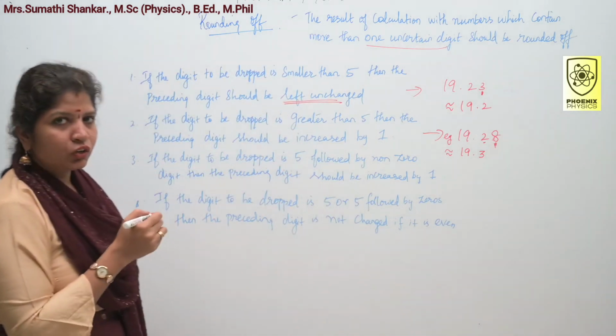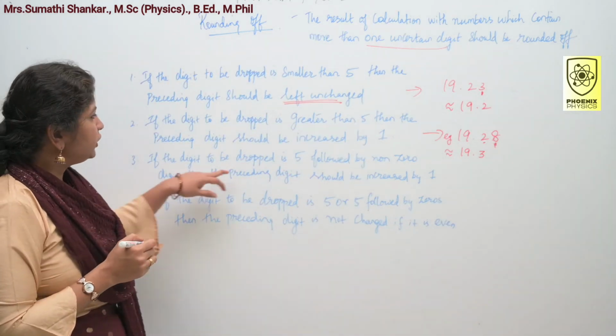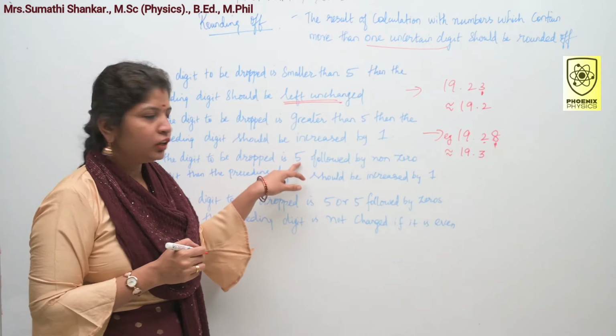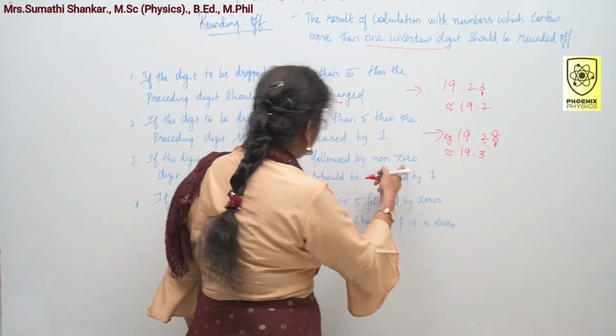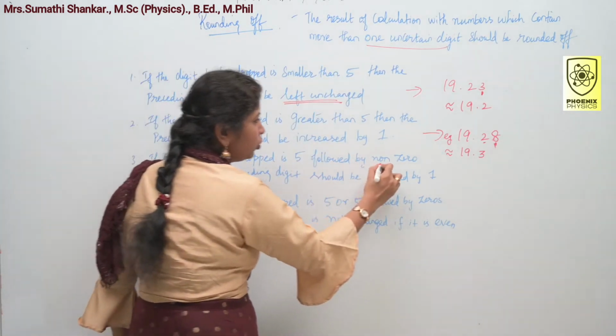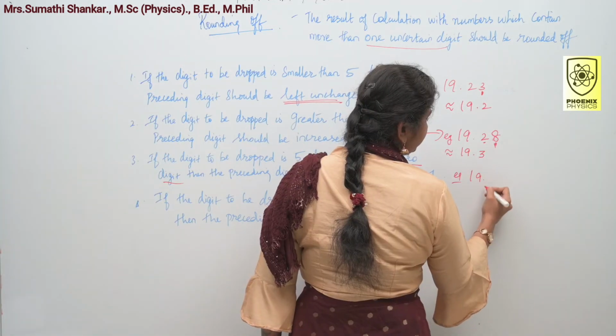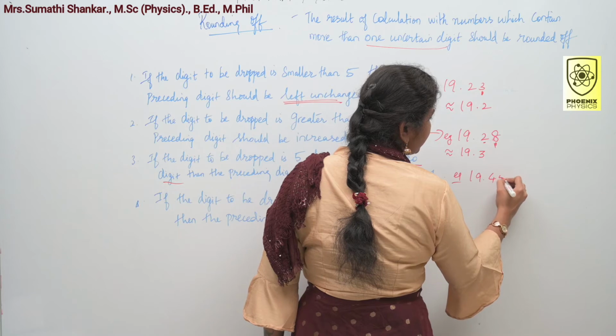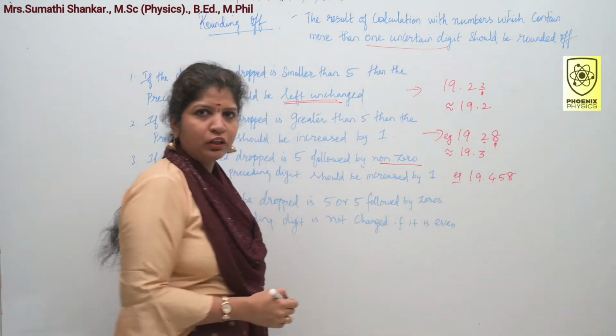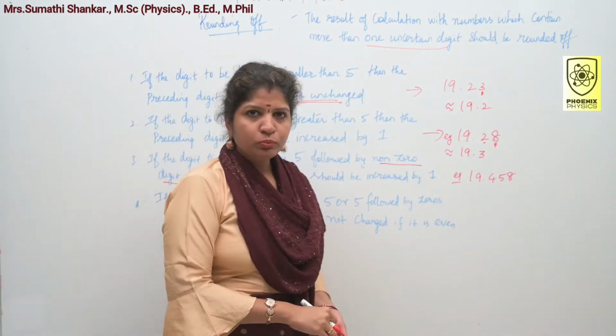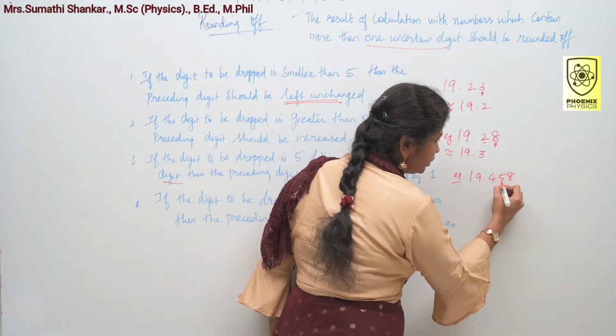19.3. Look at the third rule. If the digit to be dropped is 5, followed by a non-zero digit, which means 19.458. So this is my number. The digit to be dropped is 5. Here this is my digit to be dropped.